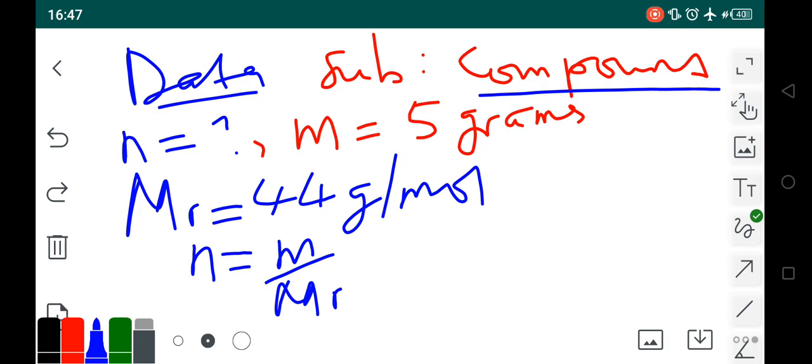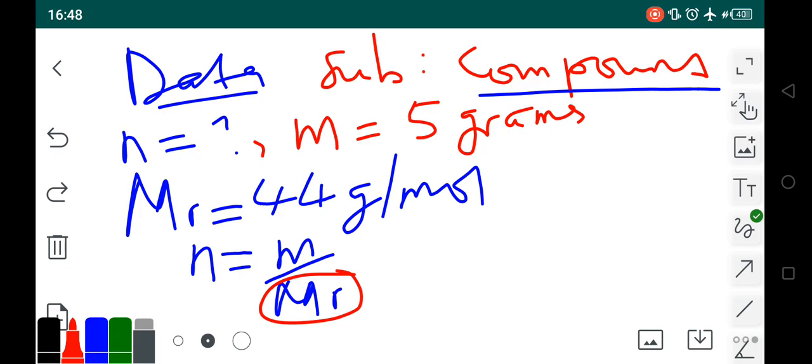You have to be very careful with the formulas, because the examiner might penalize you for saying two different things. You might use this one, Mr, when the substance in the question is a single element, which is wrong. So make sure the formula is correct based on the question.